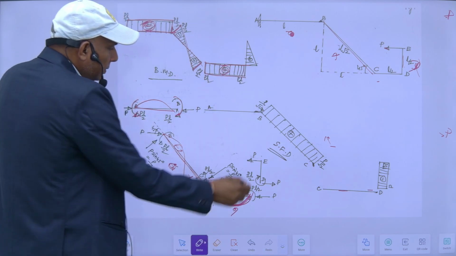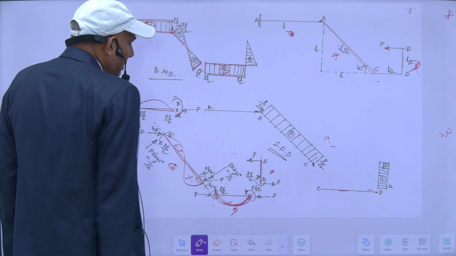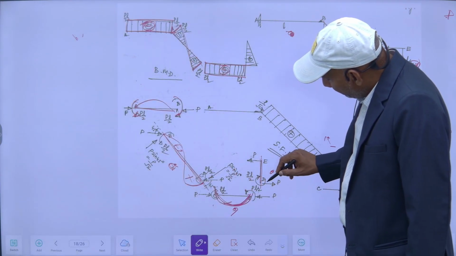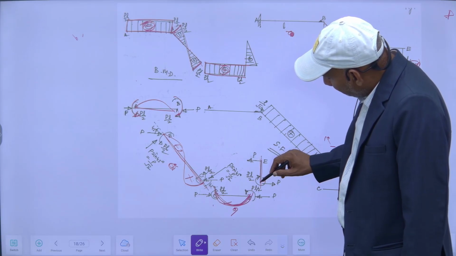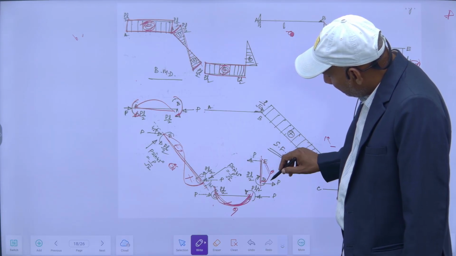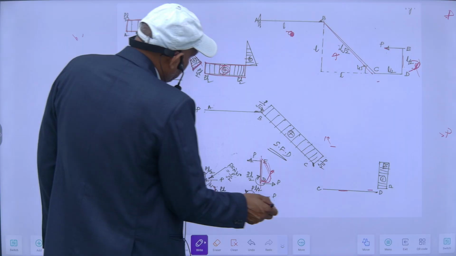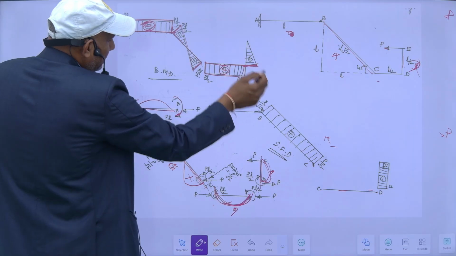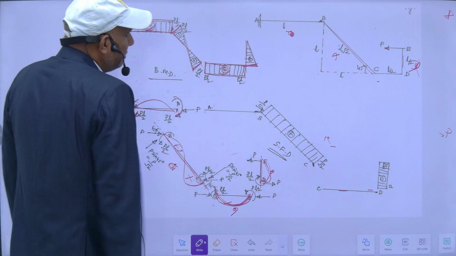Then for this portion, if I am watching from this side and seeing this beam, it will be sagging here, and it is 0 at this point. So bending moment will be PL by 2 here, and again 0 at this point. So this is sagging.